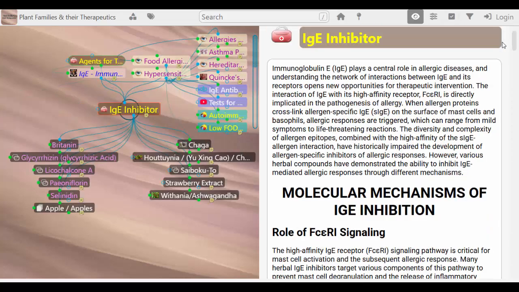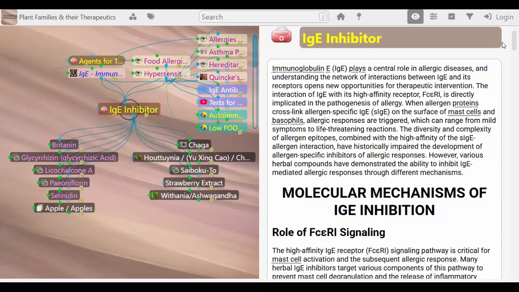So as we've seen, immunoglobulin E plays a central role in allergic diseases, and understanding the network of interactions between it and its receptors opens new opportunities for therapeutic intervention.